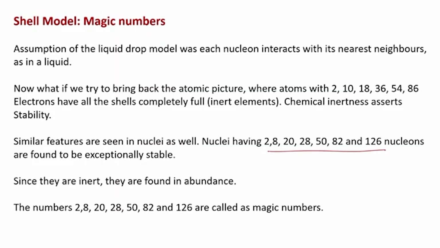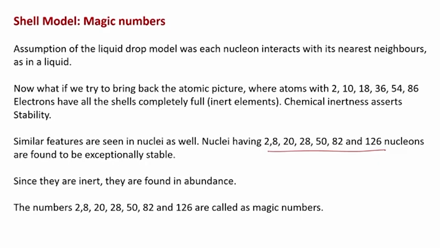Now, let us try to bring back the atomic picture. If you look at the periodic table, there are these inert elements such as krypton, xenon, neon, etc. These atoms have 2, 10, 18, 36, 54, 86 electrons, whose shells are completely filled.